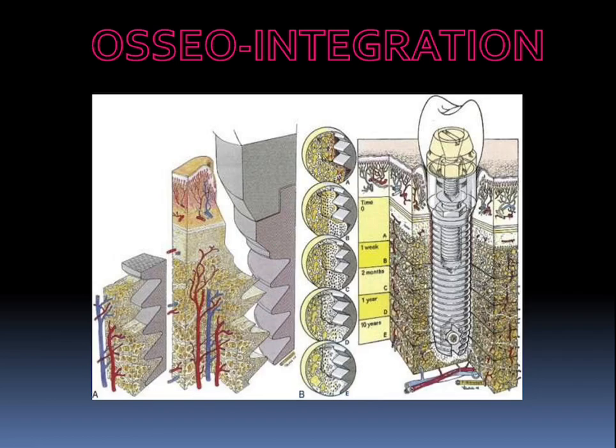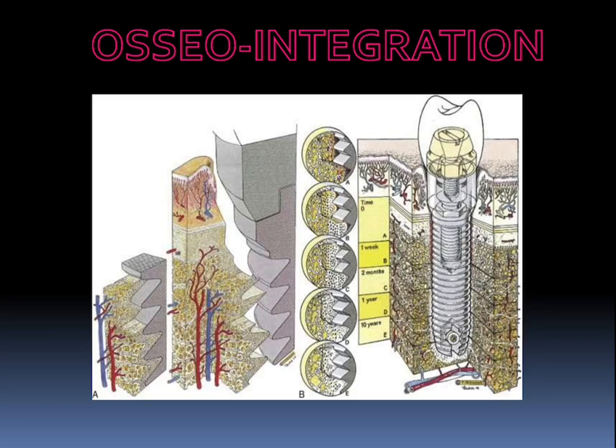So when we talk about the osseointegration, during day 1, when the implant is placed in, just after that if we see the threads, they are in contact with the surrounding bone and there is a coagulum which surrounds the implant.